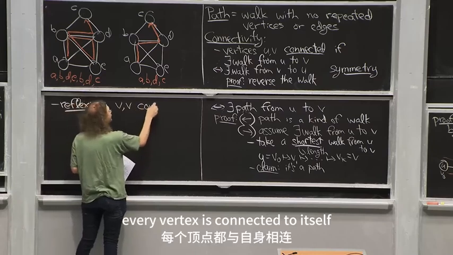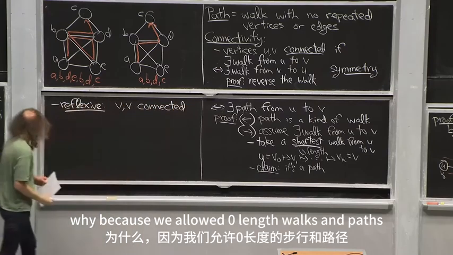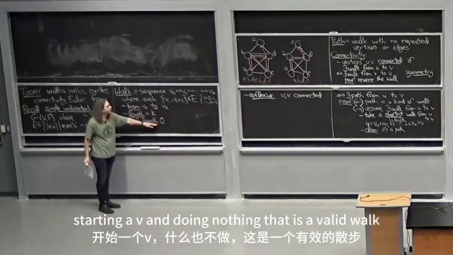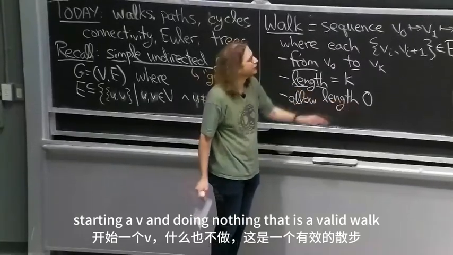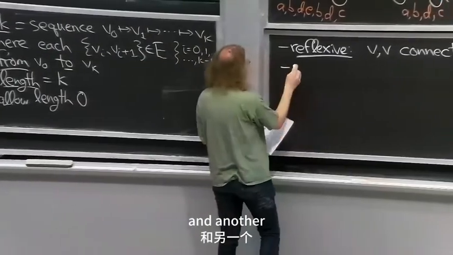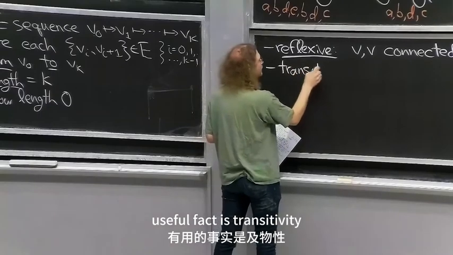Every vertex is connected to itself. Why? Because we allowed zero-length walks and paths. Starting at v and doing nothing, that is a valid walk, so that's a walk from v to v. And another useful fact is transitivity.